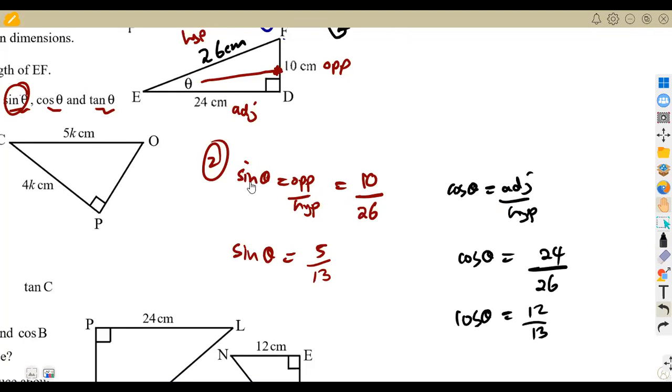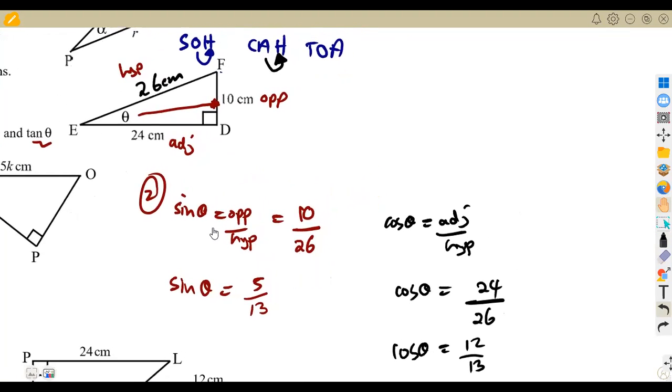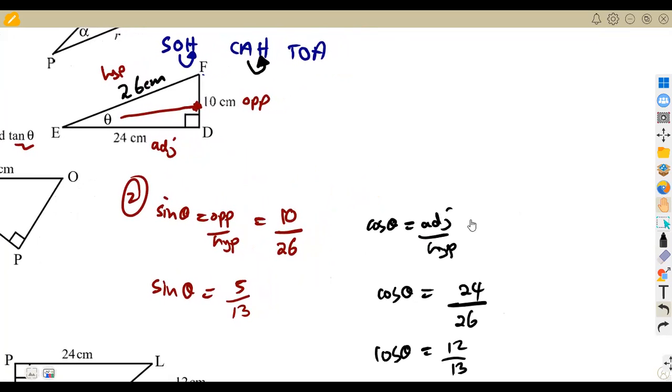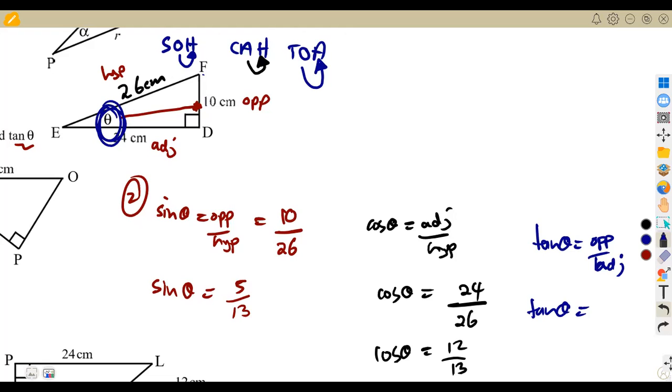And the last part here is the tan of theta. You can also go back to your ratios and simplify for the tan of theta in this case, which is the opposite over the adjacent. So that means the tan of theta is equal to, according to this theta, our opposite, which is 10, over the adjacent, which is 24.